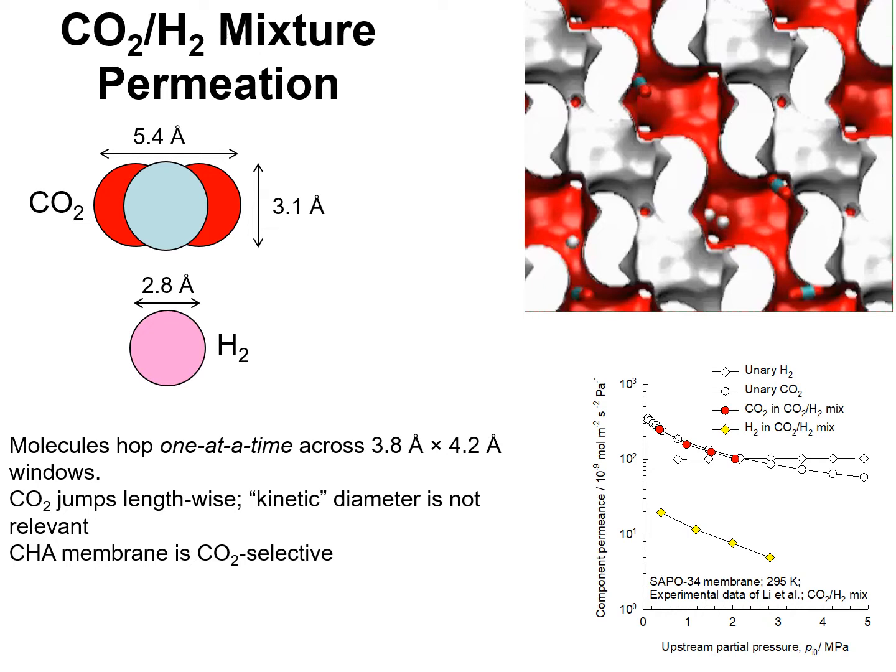For hydrogen, the unary permeance is significantly higher than the permeance of hydrogen in the mixture, because hydrogen loses out because of its significantly lower adsorption strength.